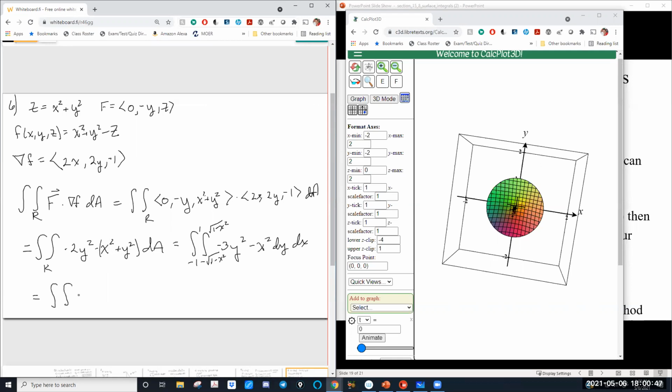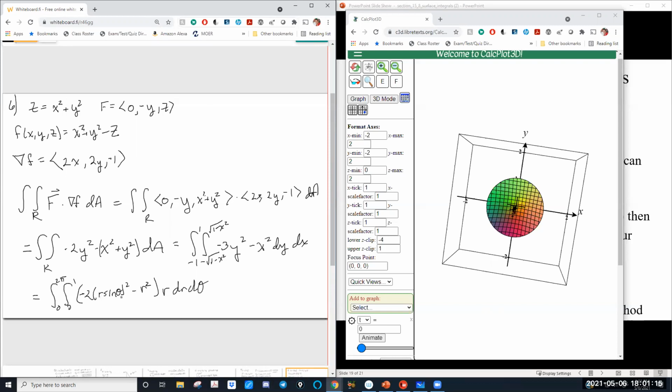So we would have negative 2 r sine of theta squared minus r squared. And then now we do have to add in the r dr d theta, but our limits become a lot easier. 0 to 1, 0 to 2 pi. Now we have to add that r in.